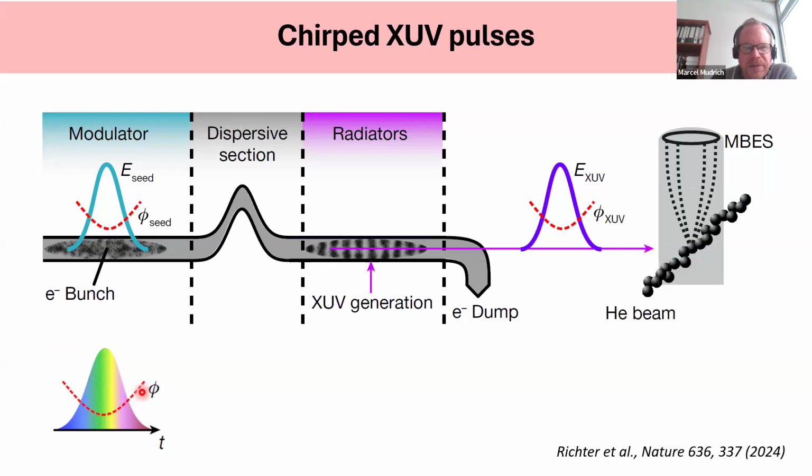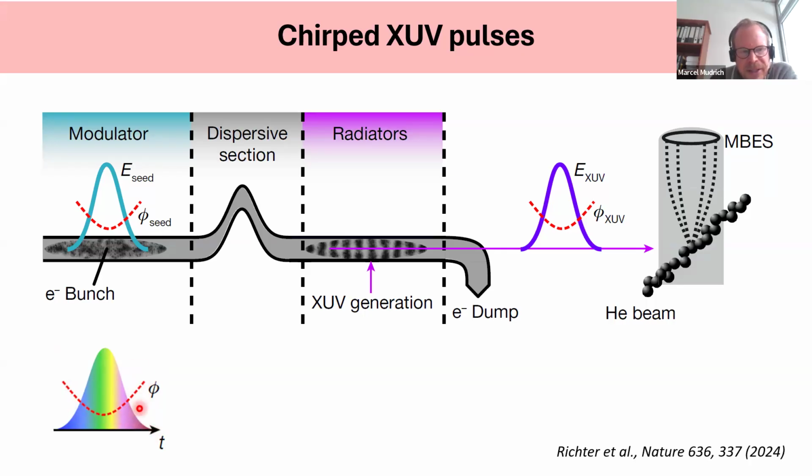And for those of you who are not so familiar with femtosecond pulses, a chirped pulse means that the frequency inside the pulse changes from the leading edge to the trailing edge.